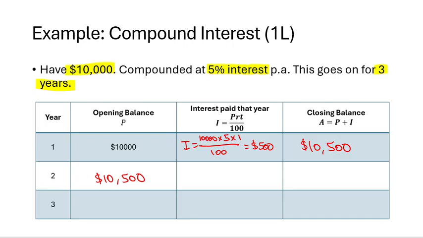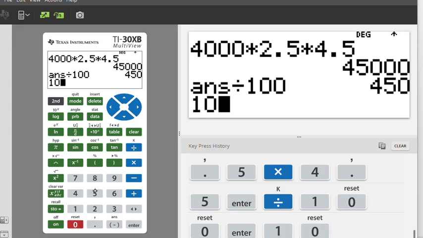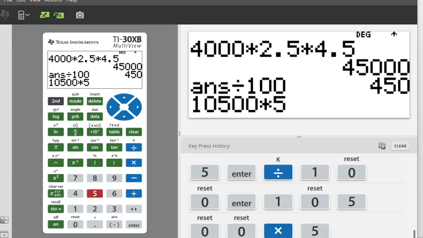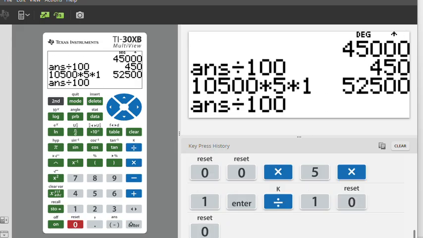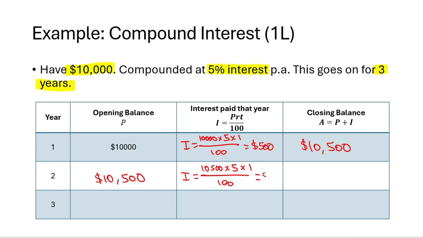So 10,500 is my new principal. And now I'm going to find the interest on this. So this will be 10,500 times 5 times 1. And then you divide this by 100, you get $525.